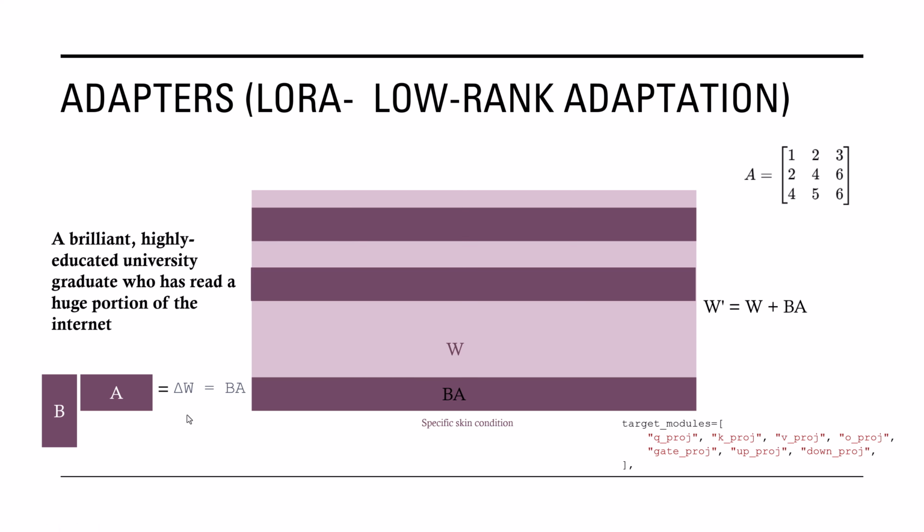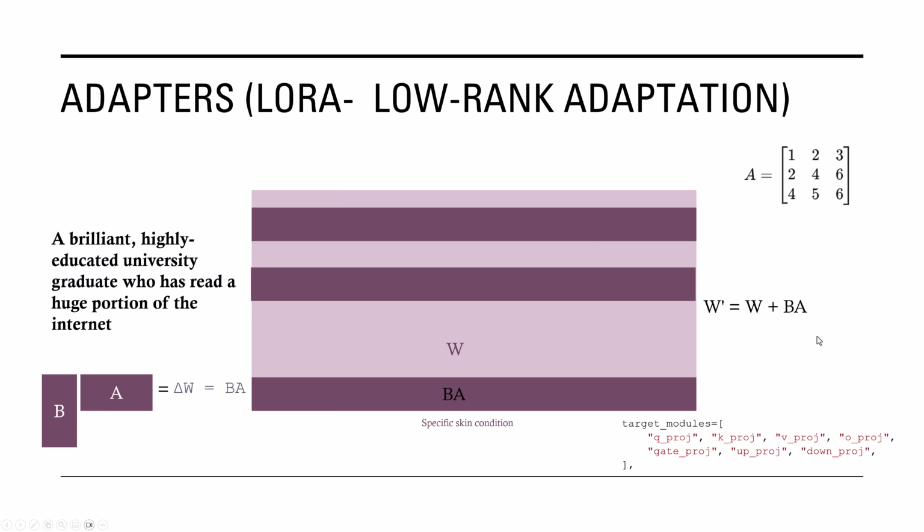During fine tuning, we freeze the original weights of the LLM and we just backpropagate through A and B and change their weights. And that's the part of the fine tuning. Once the fine tuning is done, they have new weights. By that I mean now they understand a specific skin condition. So if we ask any question about skin to this LLM, it will be able to answer.